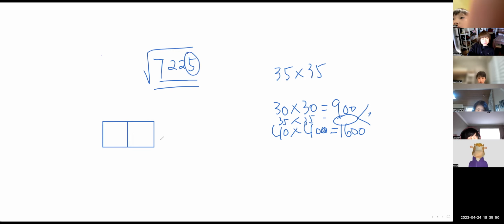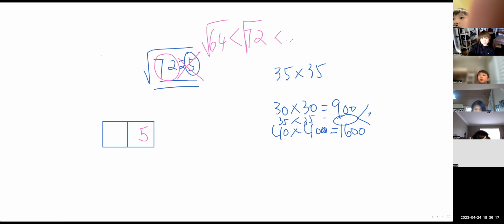Okay, so everybody, the last digit is 5. How many possible answers are there? Actually, when you see a number ending with 5, that's a great sign, because it's always last digit 5. Understand? There's nothing else, because only something-5 times something-5 has last digit 5. Okay, so we take away these two. So 72. 72 is bigger than what? 64, right? 72 is bigger than 64 and smaller than 81.